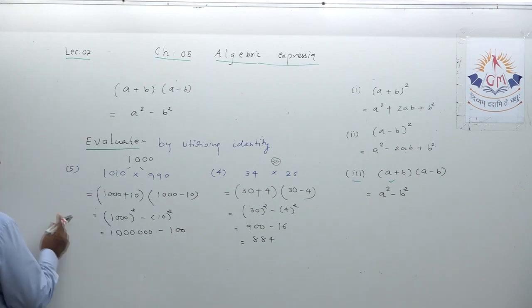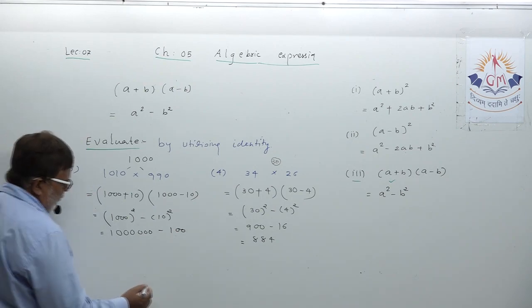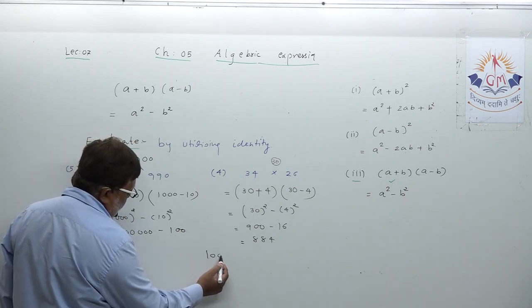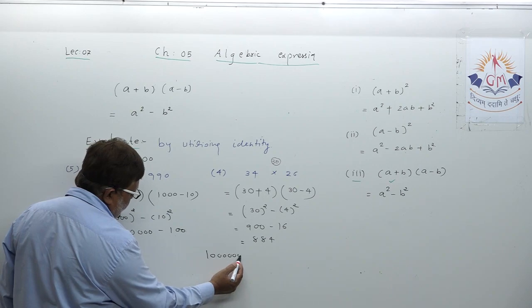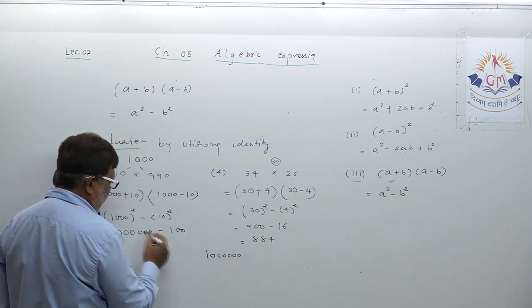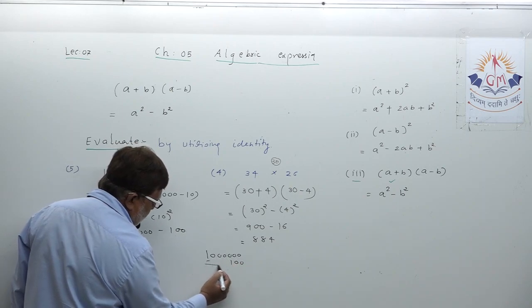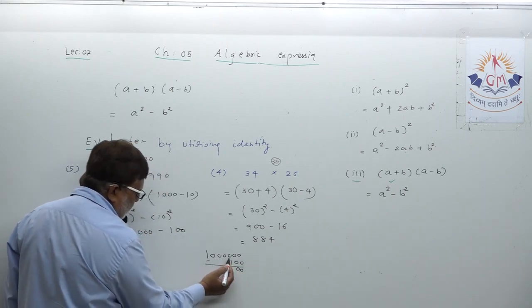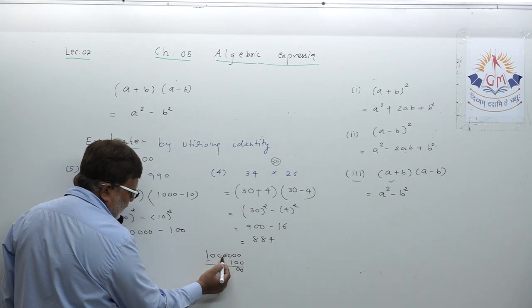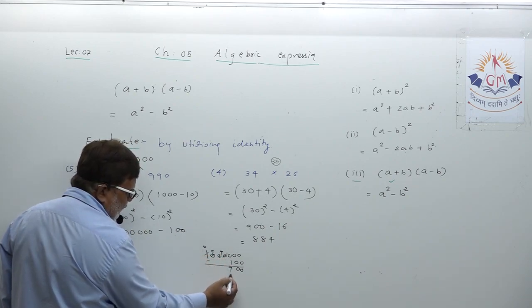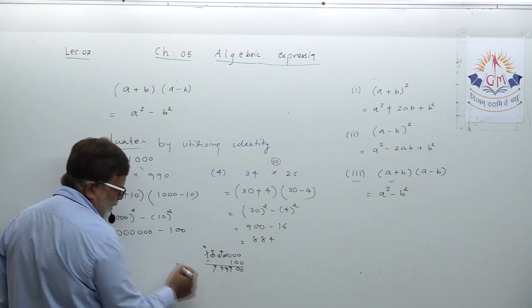Now you simply have to subtract. Here also, dear student, many students make mistakes in subtraction. 1 2 3 4 5 6. 100 is to be subtracted, so I write 100 here. 0 0. Understand what you will do here? 10, this is 9, this is 9, and this is 0. 10 minus 1, 9, 9, 9, 9.